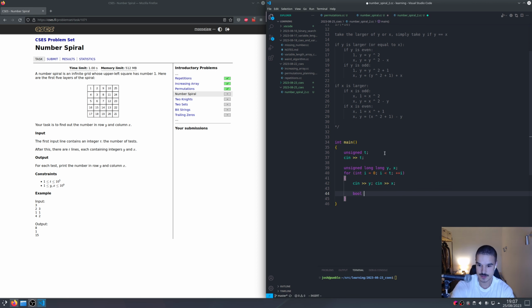I mean, we could just say we have a boolean that y is greater than or equal to x.